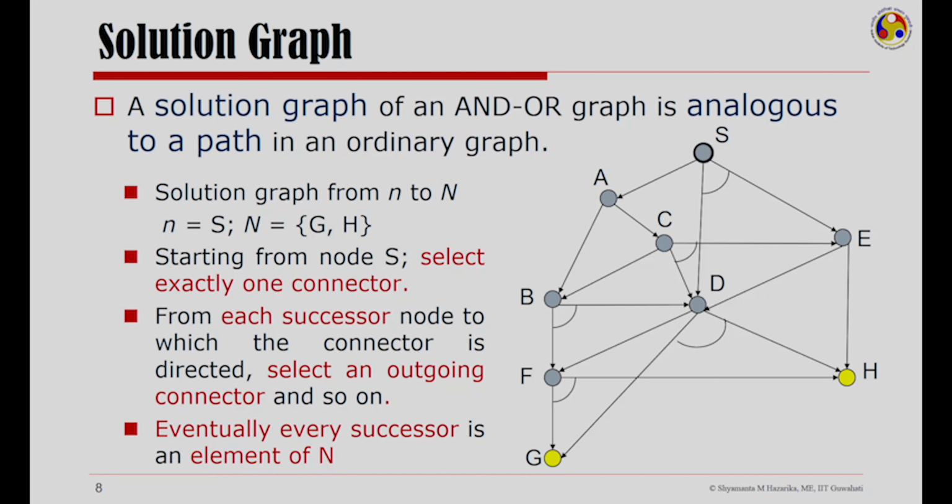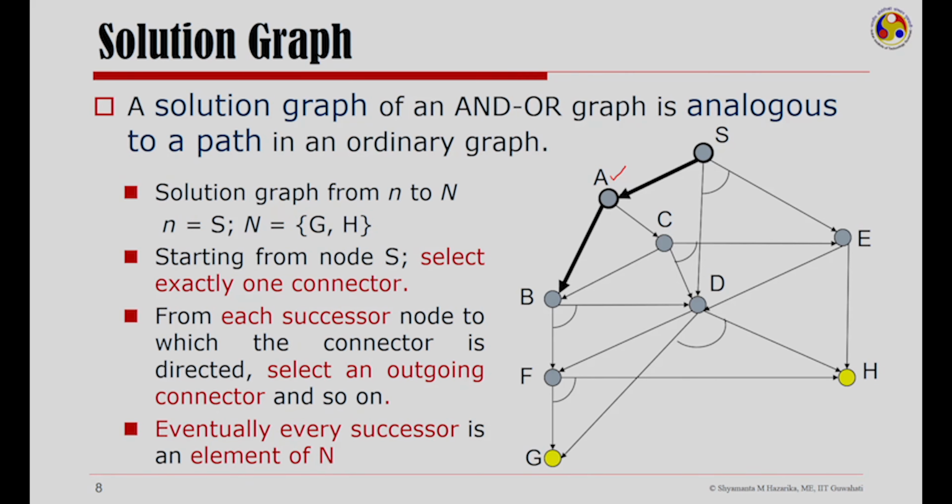So, let us take S first, and then we will take the one connector. We come to the node A. The node A, we need to realize, has 2 paths, one going to B and one going to C, but then these are OR, and therefore, we could pick up one of them. So, we proceed to B. Now, it is interesting.